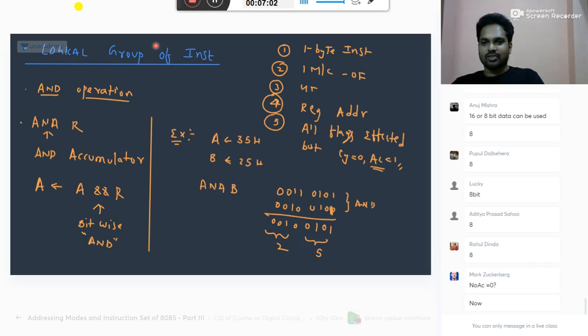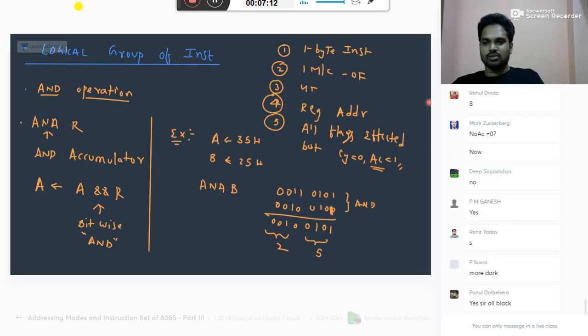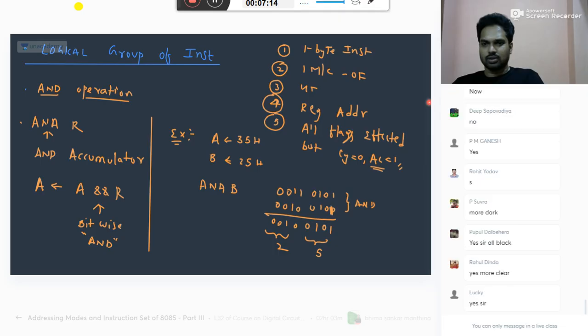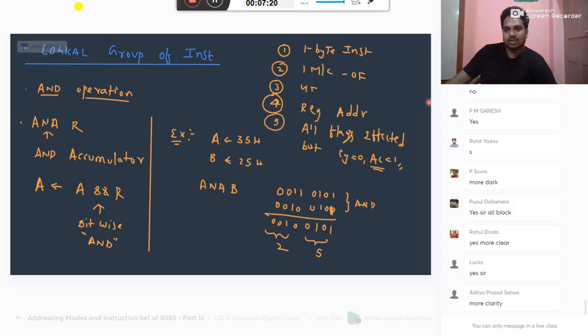Today, the camera is different. You observed? Any difference? The old one is good, I think, right? More darker this one. This one is best, I think.